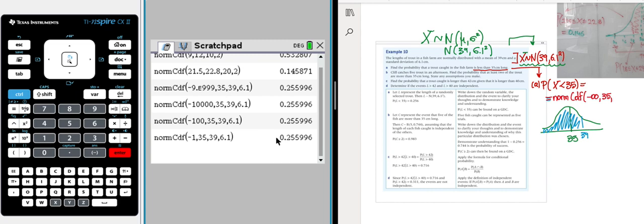Then we have the mean, which is 39. And then we have the standard deviation, which is 6.1. And then please do put the complete answer you have on your calculator, 0.255996. And then right underneath the approximation to 0.256, including 3 significant figures. And that's going to be the complete answer.